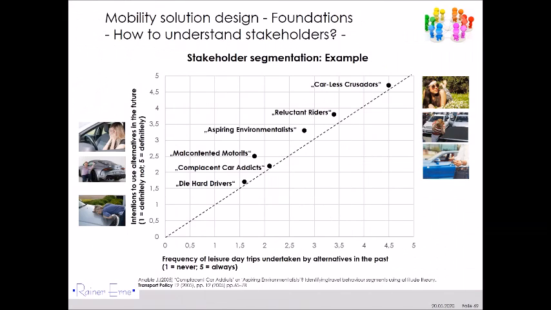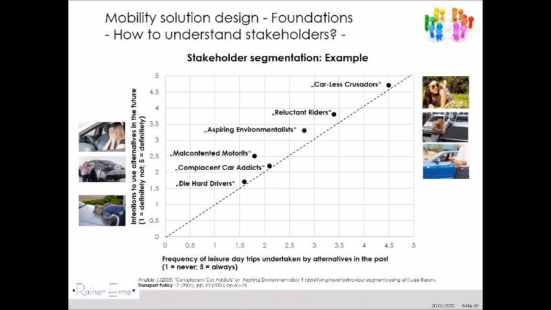Another segmentation, also taken from literature, they have very nice names like die-hard drivers or carless crusaders. They are segmented according to the frequency of leisure day trips undertaken by alternative transport modes in the past and intentions to use alternatives in the future.